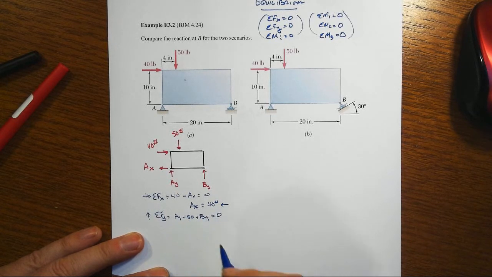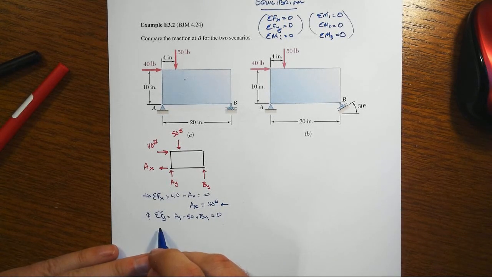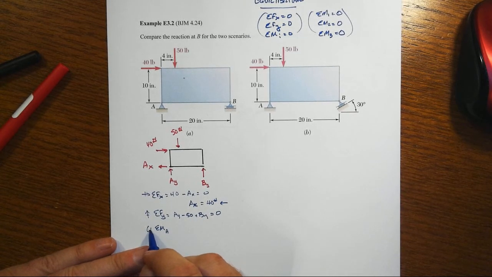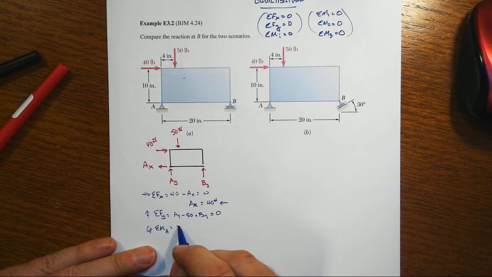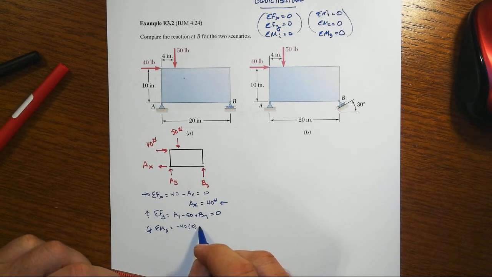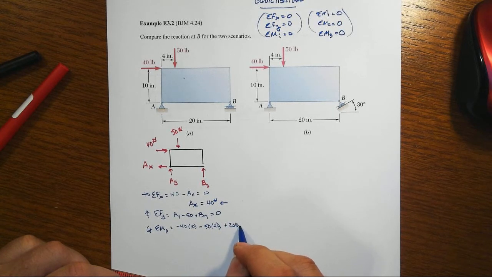Well, that doesn't help a whole lot because I've got one equation, two unknowns. I don't like that very well at all. Let's sum moments instead about point A. Let's take counterclockwise positive, and we'll have minus 40 times its perpendicular distance of 10, minus 50 pounds times its perpendicular distance of 4 inches, and then plus 20 inches times BY.